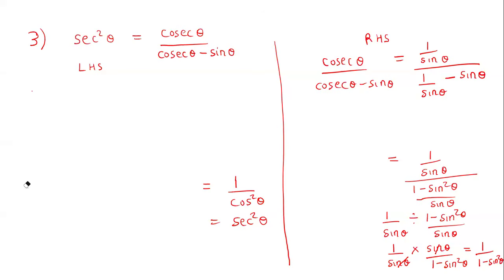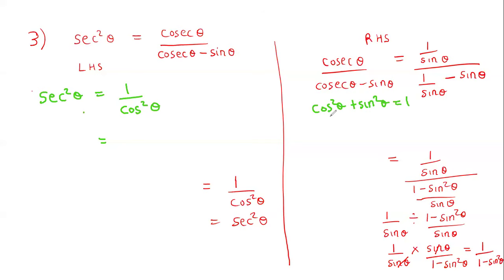Like I've told you, whatever route you take, the thinking is going to be different. Now, when I come from the left, I know very well what sec squared is. So I know that sec squared theta is the same as 1 out of cos squared theta. Once you reach here, you remember what cos squared theta is. You know from this identity that cos squared theta plus sine squared theta is equal to 1.